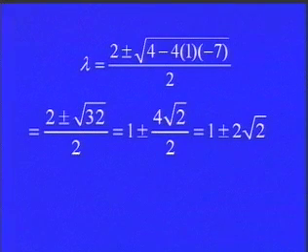The square root of 32, since that's 16 times 2, and 16 is a perfect square, the 4 comes out. 4 root 2 over 2, and then the 4 and the 2 cancel, and I end up with 1 plus or minus 2 root 2 as my eigenvalues. Okay, not too bad once you get into it. Can be a little scary, though, if you didn't remember the quadratic formula.